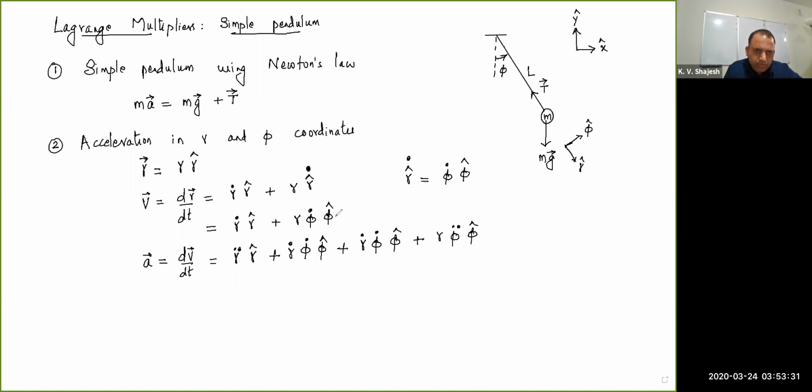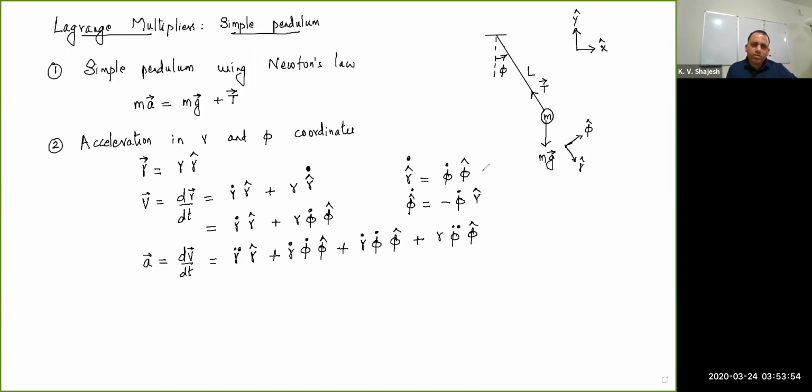And finally, we can take the derivative of phi hat. So this is phi hat dot. We remind ourselves that that's equal to the rate of change of phi coming into the picture, and it is in the direction of minus r hat. So this is phi dot times minus r hat.